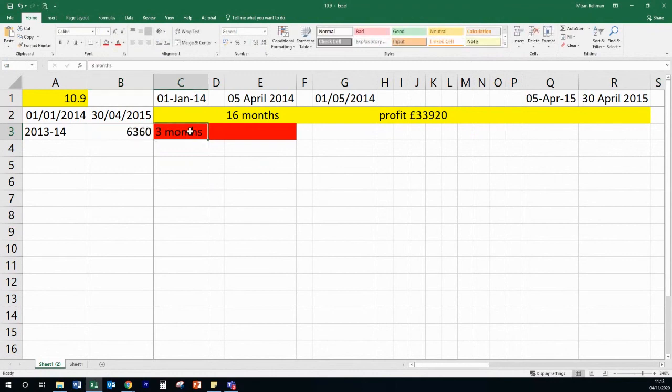The profit was 6,360 for this time period. So he will be taxed on this profit in year 2013-14.